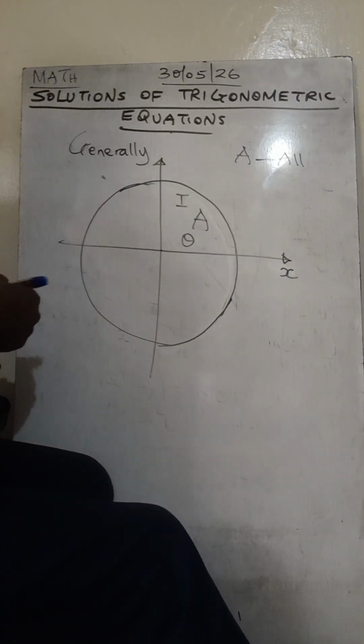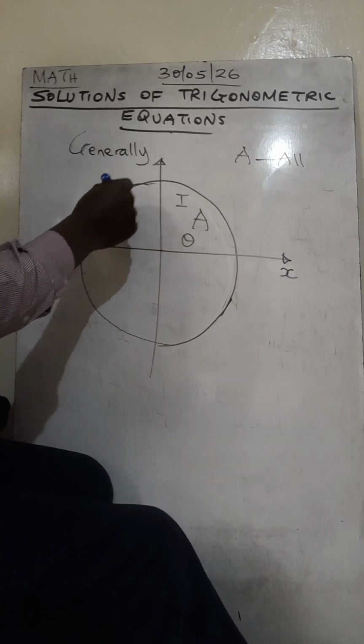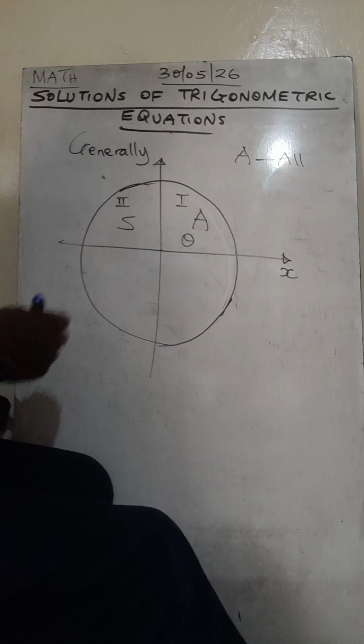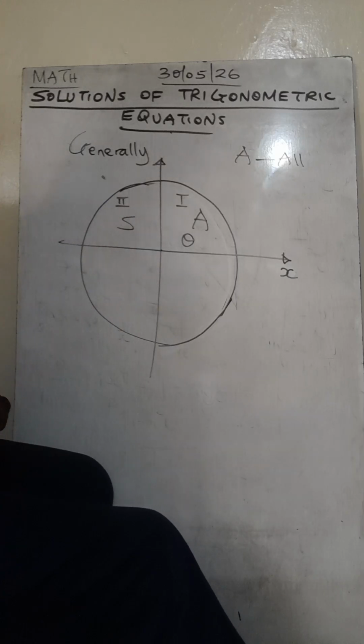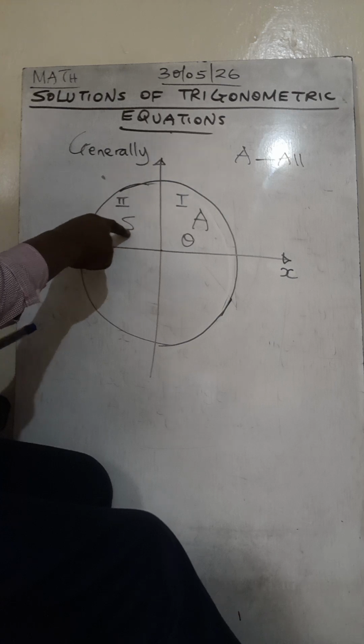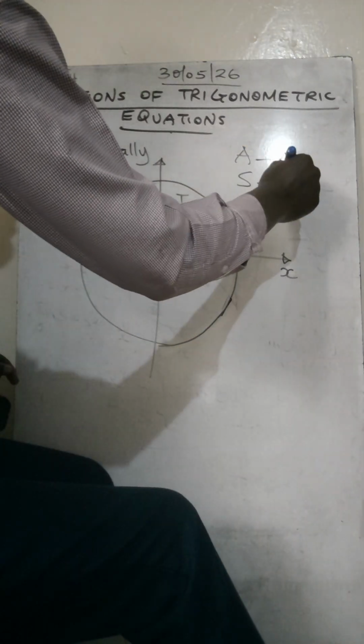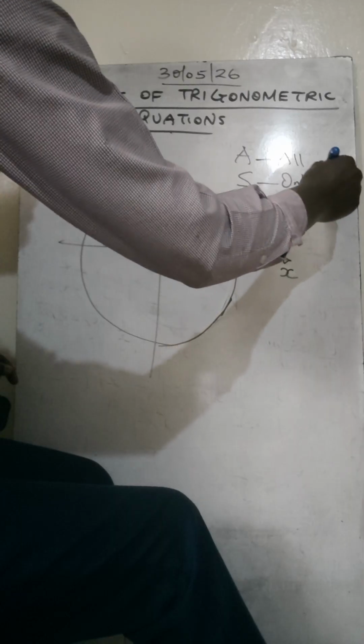In the second quadrant, we saw that it is only sine that is positive. You can rewind the video to check what I've just done. We have established that it is only sine which is positive. So S, only sine.